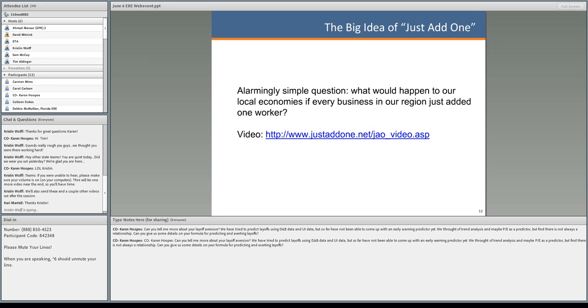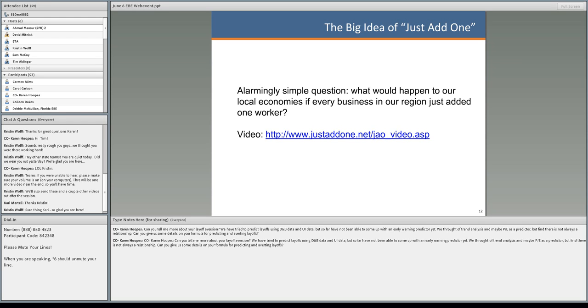But the idea of adding just one job is something that seems possible. And so when we get into these local examples, that's what we're going to see has been part of the success of them.